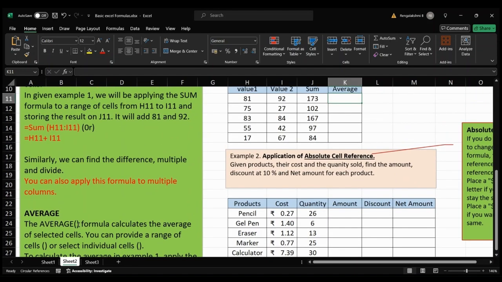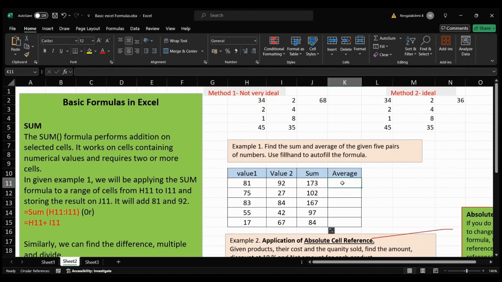So here I'll write equal to AVERAGE, bracket. Here this cell is H11, colon, and the next cell is I11.